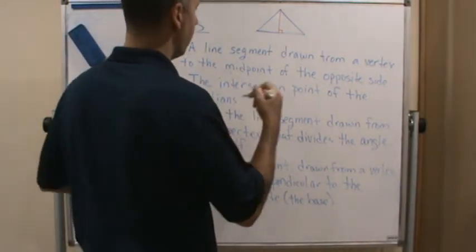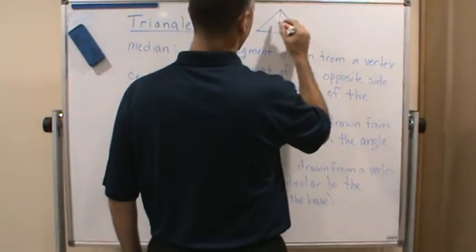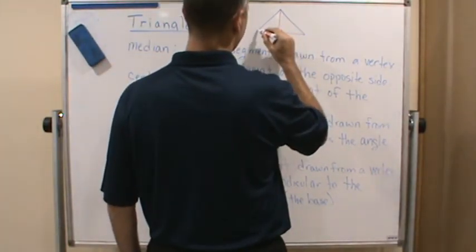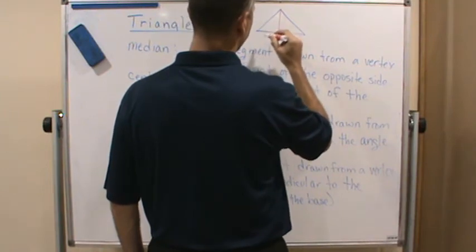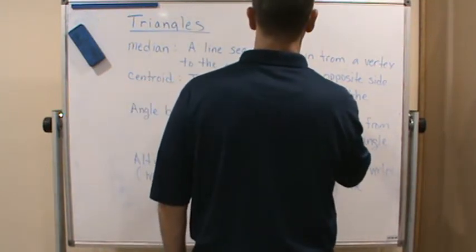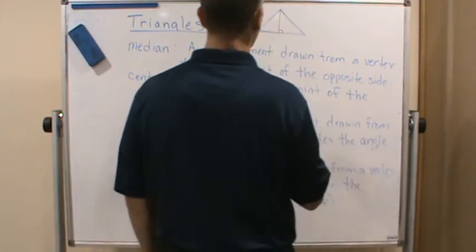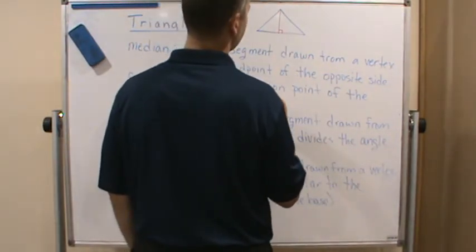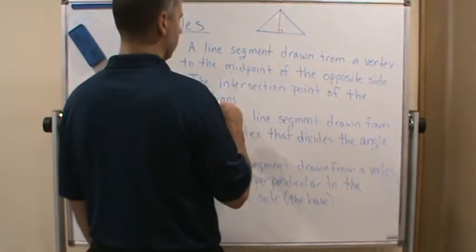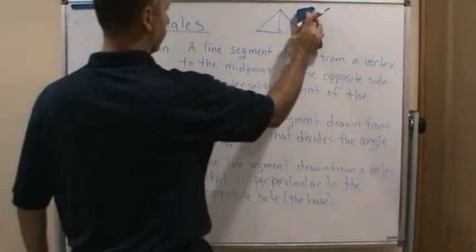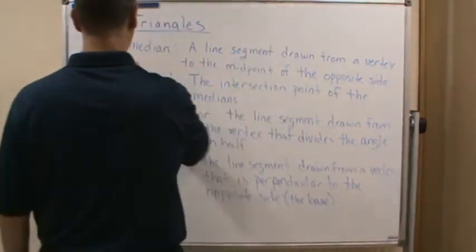But I can also draw another one to this side. I can draw a perpendicular line, let me see here. My triangle's not the best. Let me do this.